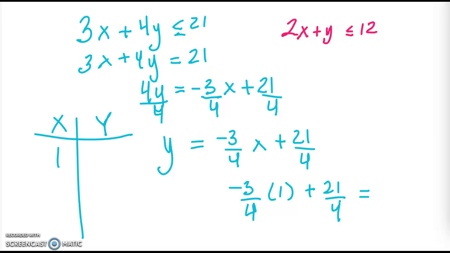Well, that doesn't give me a nice number, so let's choose a different value here. Let's see. What if we pick negative 1? So I'll get 3 over 4 plus 21 over 4. Well, that gives me 24 over 4, which is 6, so that's a good one. And all I need is 2 points, so let me try picking another one.